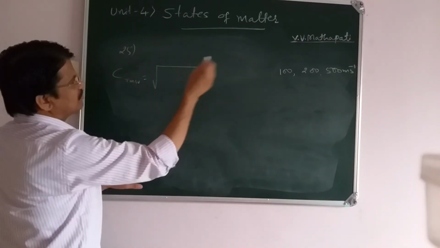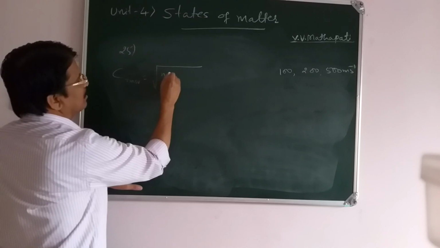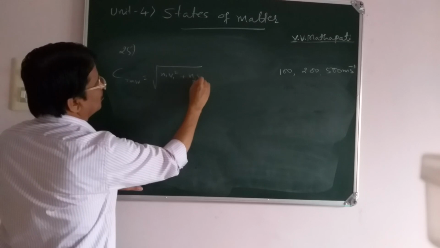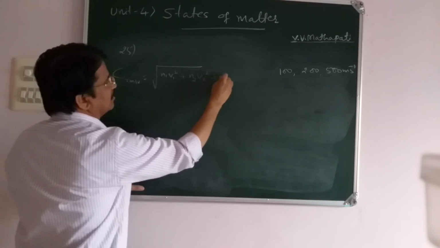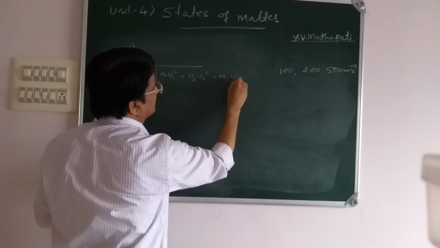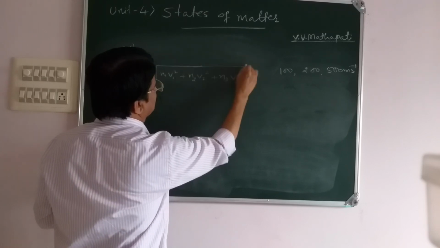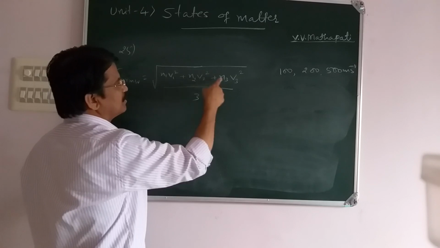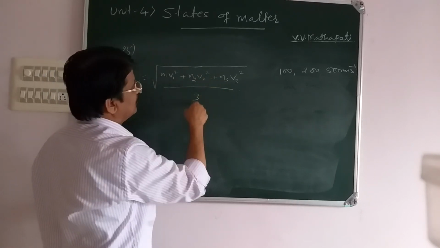Root mean square velocity equals the formula, because they give velocities: N1 V1 square, N2 V2 square, N3 V3 square by N1 plus N2 plus N3. 3 means here we write 3.